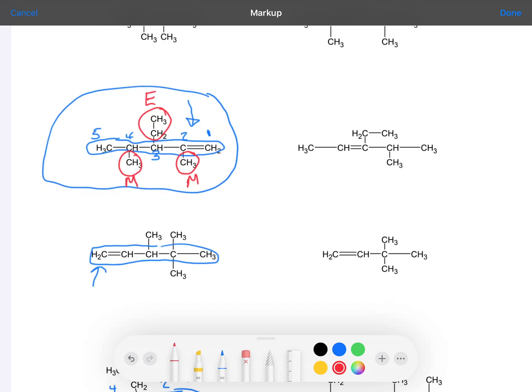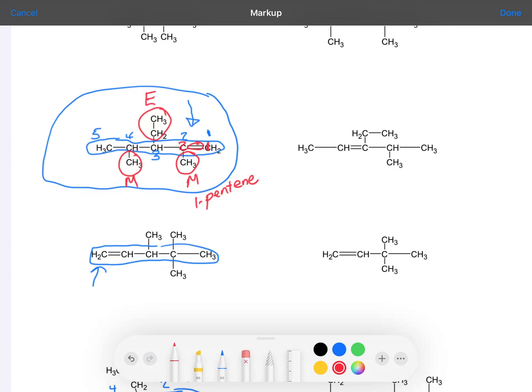So I've already identified that there are 5 carbons, so my prefix here is going to be pent. And the name is going to end in "ene" since it's an alkene. Now, I also need to call this 1-pentene because the double bond here is between the number 1 and the number 2 carbon, so this is called 1-pentene.